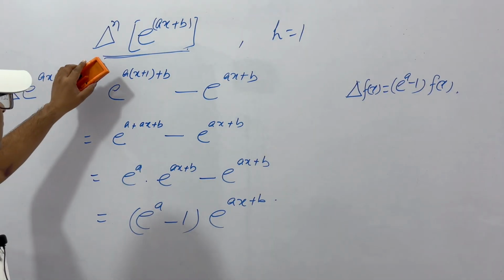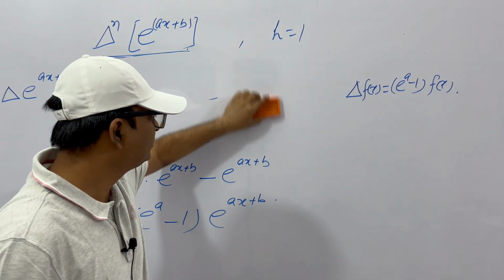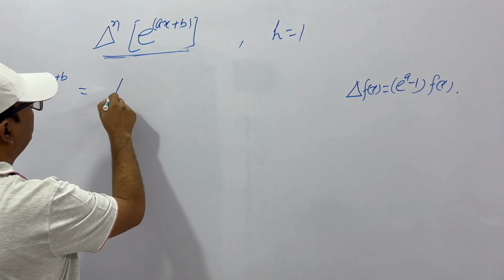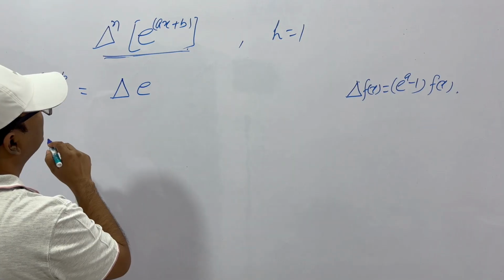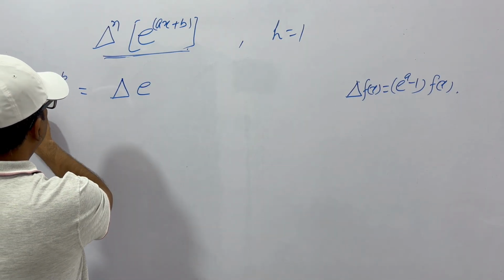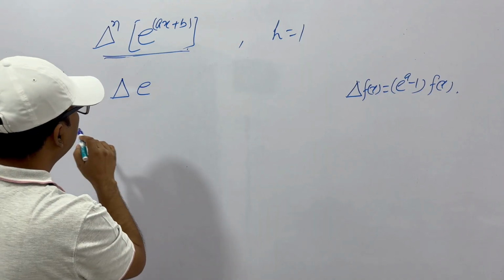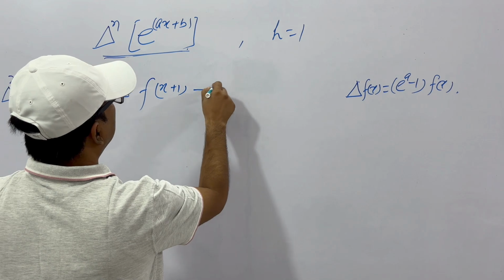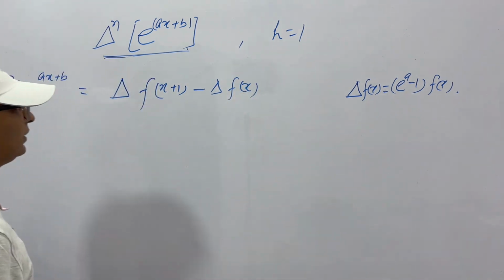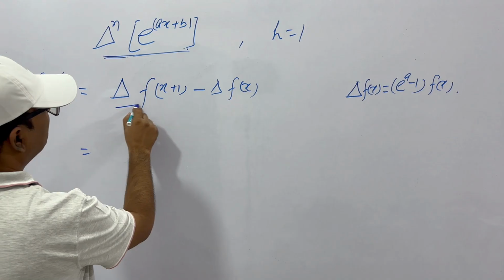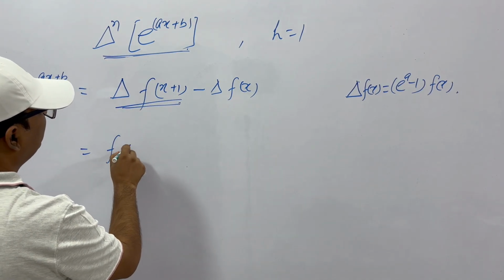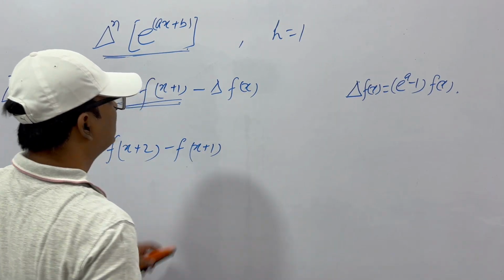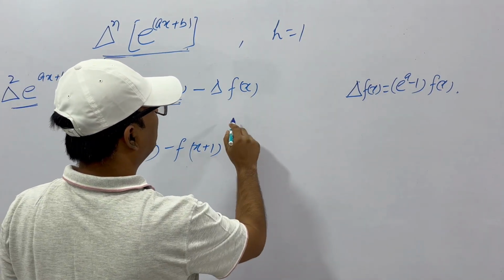Okay, now let's see del 2 of this. What is it? It will be del of e to the power, what do we do? When we have to take del 2, it means del of f(x plus 1) minus del of f(x). Clear? And what is del of f(x plus 1)? This will be f(x plus 2) minus f(x plus 1). And del of f(x) will be f(x plus 1) minus f(x).